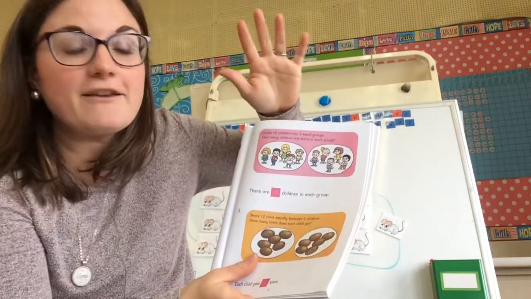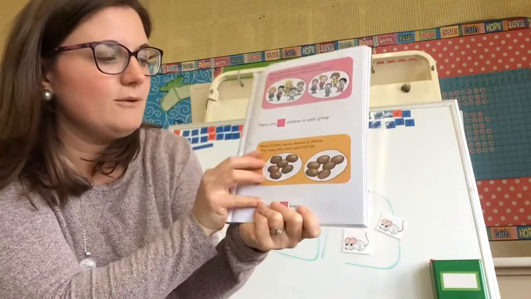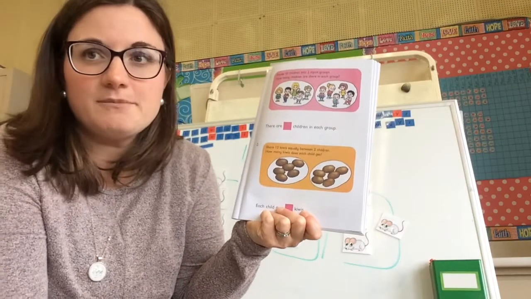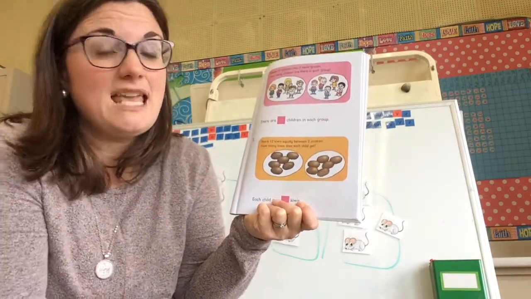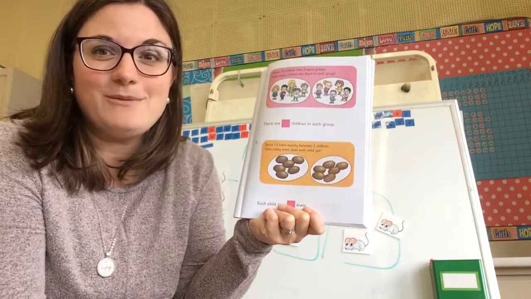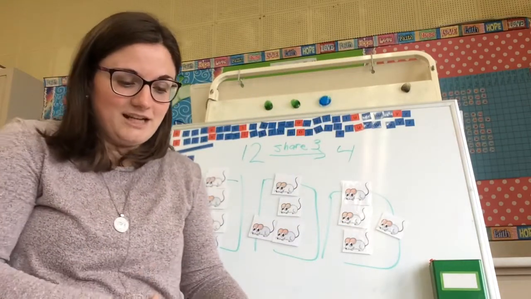Right, 5 children are on each team. Down below, we've got some kiwis. We have 12 kiwis, and I want to give them to 2 children. And I want it to be equal. Remember, I want them to have the same number. So each child is going to get how many kiwis? 6, you're right. They are each going to get 6.